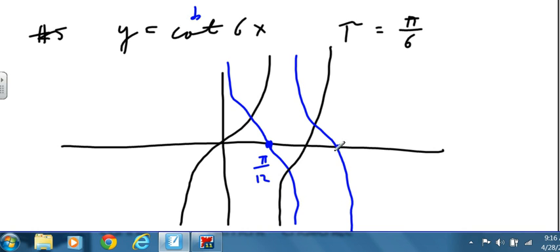Alright, so if that passes through pi over 12, then that's going to pass through pi over 12 plus pi over 6, which would be 3 pi over 12, which would be pi over 4. Okay, I think that's probably good enough. But we're going to pass here, that's going to be 1.